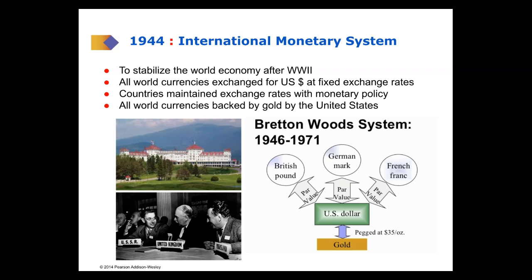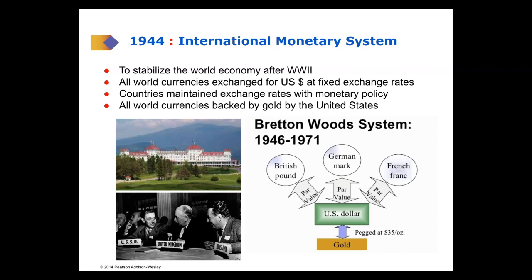In the Bretton Woods system, or the international monetary system that was created for the post-World War II economy, all of the world's currencies exchanged to the US dollar at a fixed exchange rate. And the US government, the central bank of the United States, would back all the world's currencies with gold. So they created a fixed exchange rate between gold and the dollar at $35 per ounce.